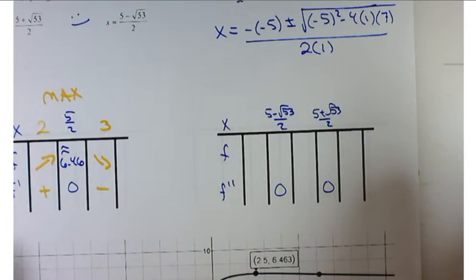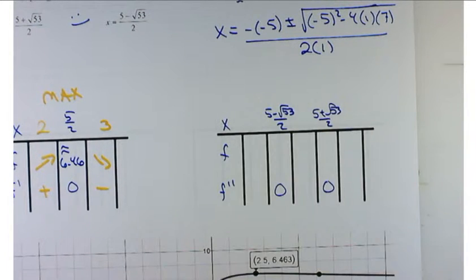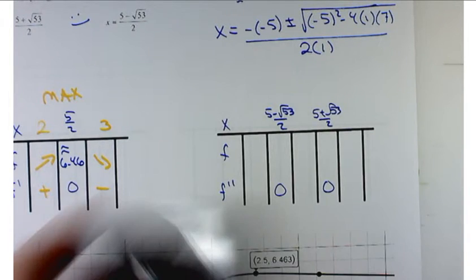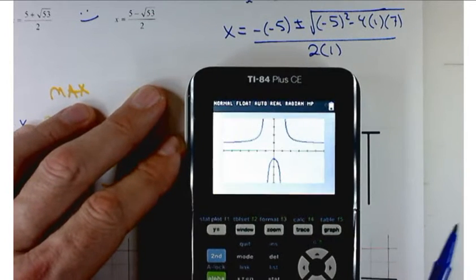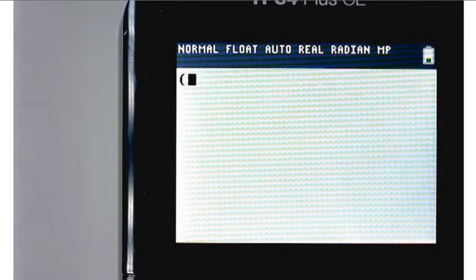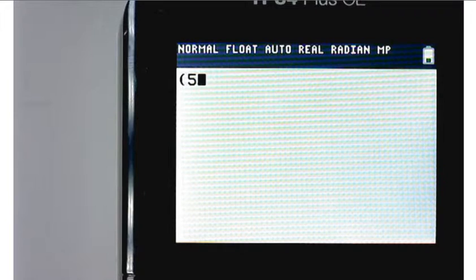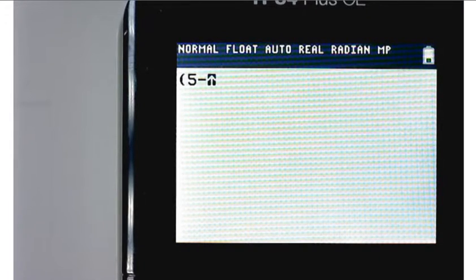So let's do this. Let's go to the home screen. I'll do 5 minus the square root of 53, divided by 2. Now I've already typed one of these in.